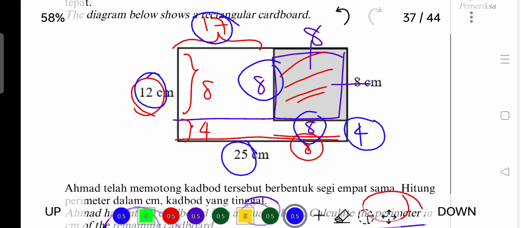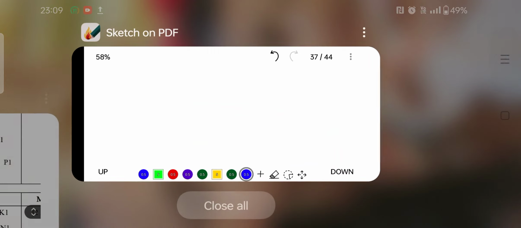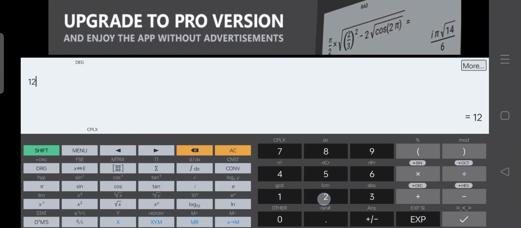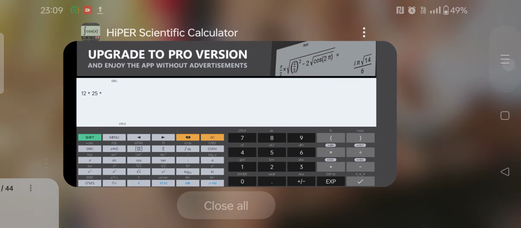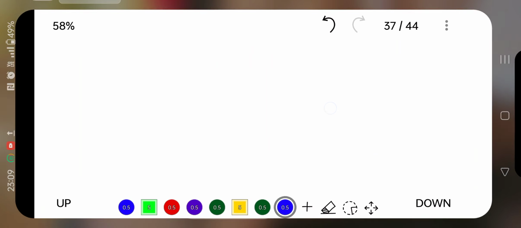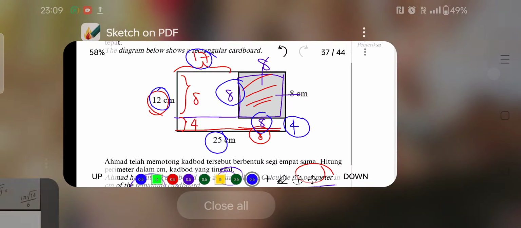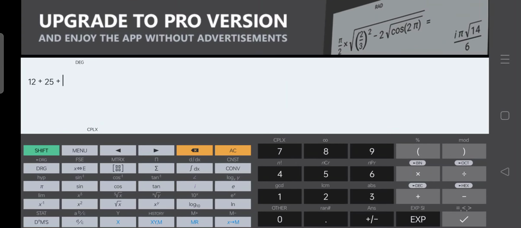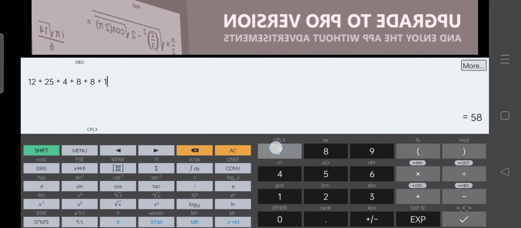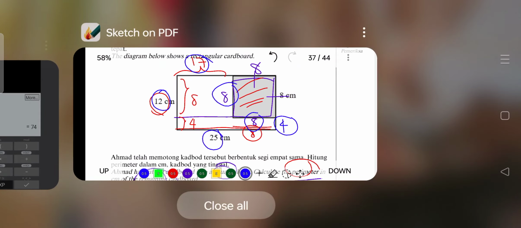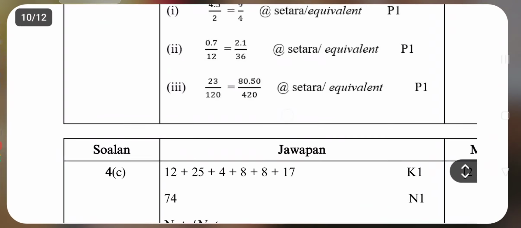Okay, if you add all of these, come, let's use the calculator to do this. 12 plus 25, and we have 4, 8, 8, 17. Did I add it correctly? 74. Is 74 the answer?